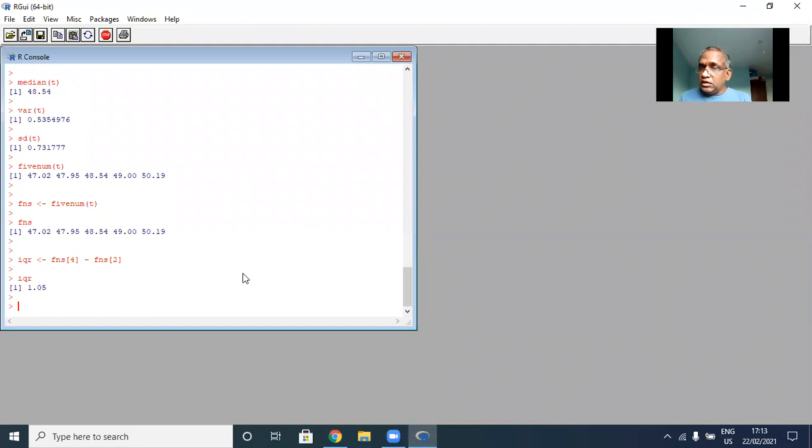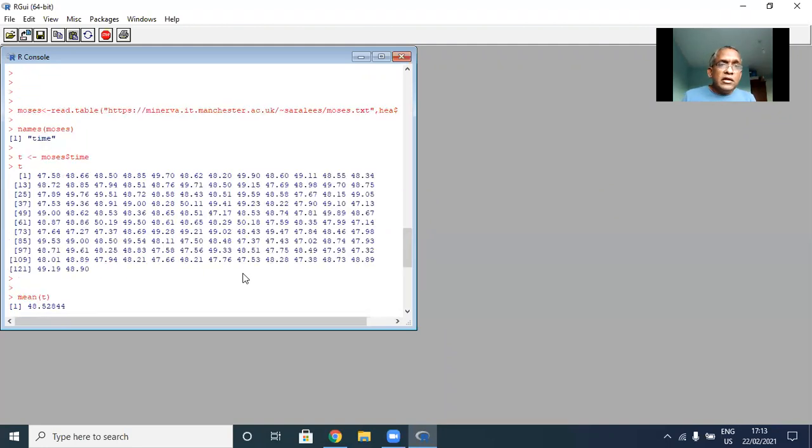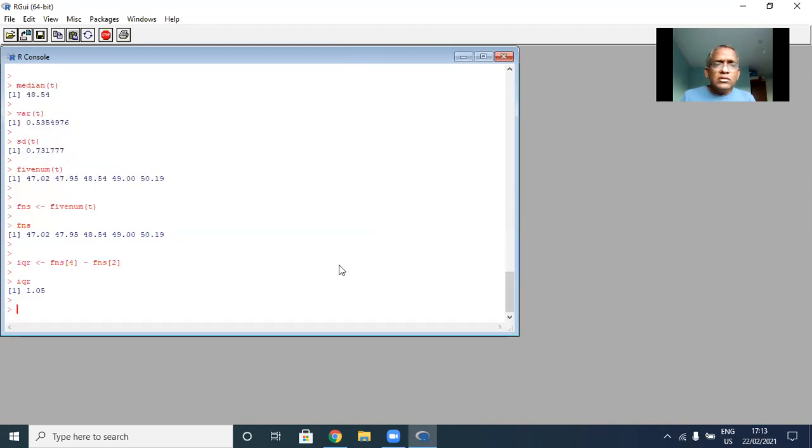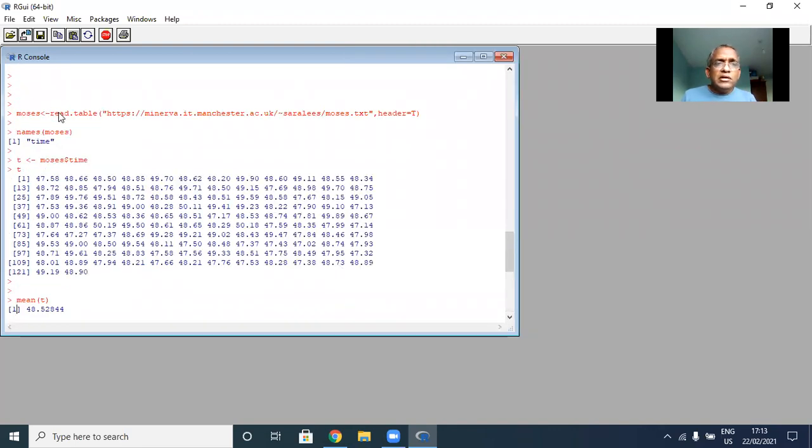Ella Shaw asks: yeah, can you repeat how to enter the Moses data set? All right. So what I have done, Ella, is to use this command. Can you see this? Sorry. Use this command read.table, open bracket, and then the URL for the data set, and comma, and then header equal to true.